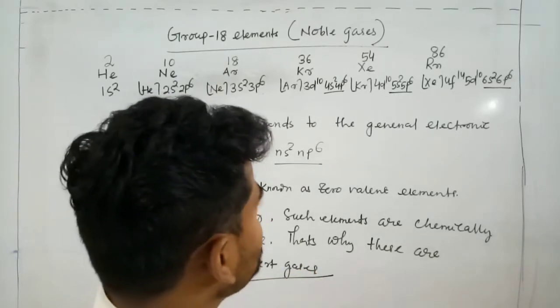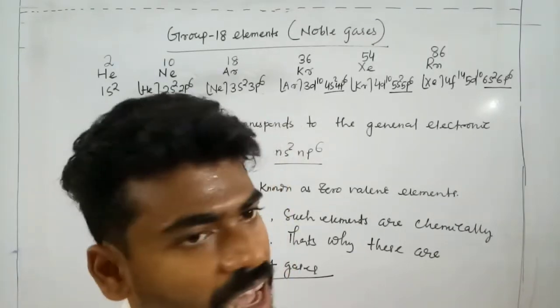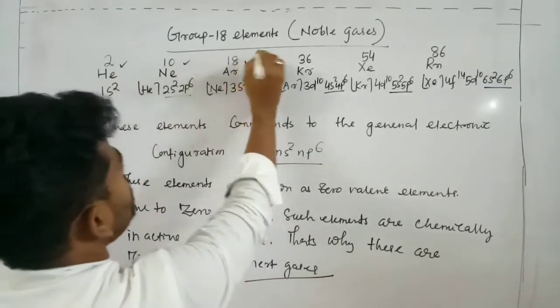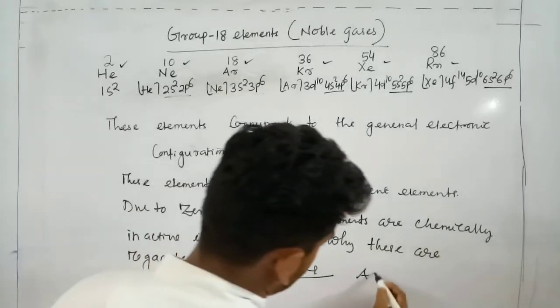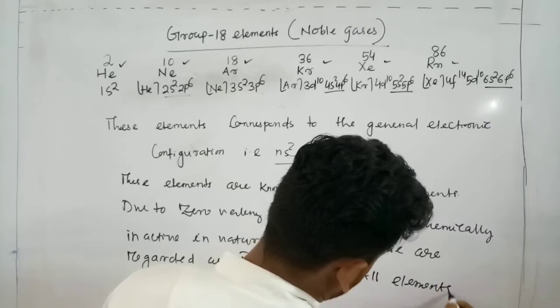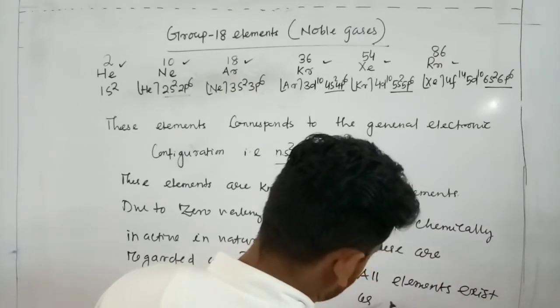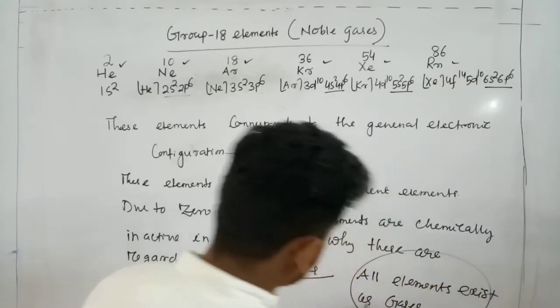And you know the special characteristic of group 18 is that all the elements are gases. In group 18, all the elements starting from helium to radon exist as gases.